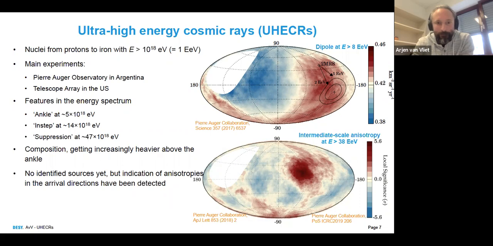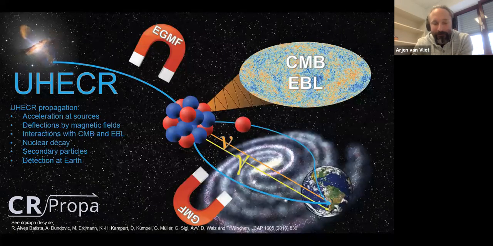Okay, but what we want to do now is take all these different measurements together. This is all happening at Earth, and we want to use all these measurements to say something about the sources of these particles, and that means you also have to know what happens in between those sources and the detection at Earth. That's actually quite a lot for these ultra-high-energy cosmic rays. After they are emitted by their sources, they travel through the universe, where they're first deflected by extragalactic magnetic fields.